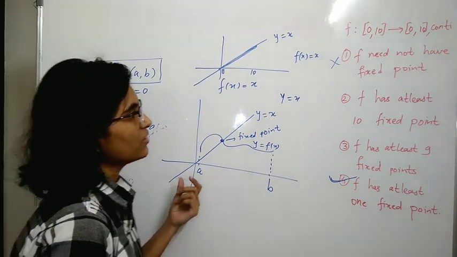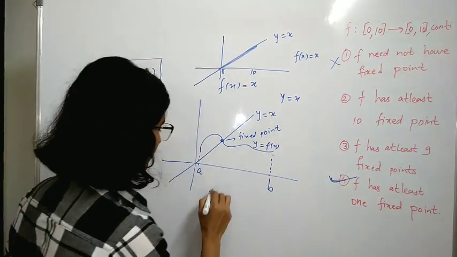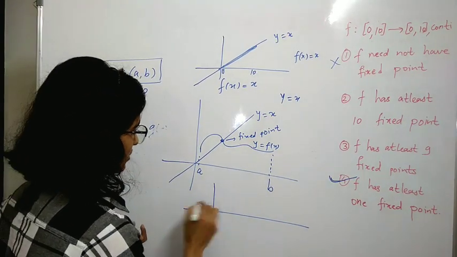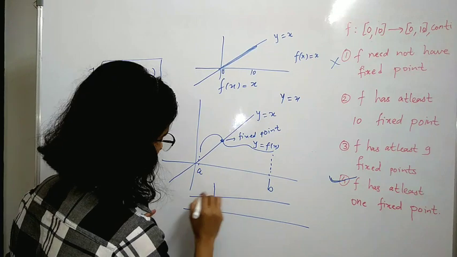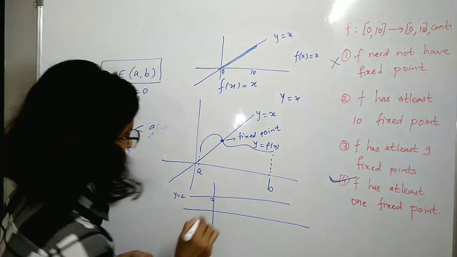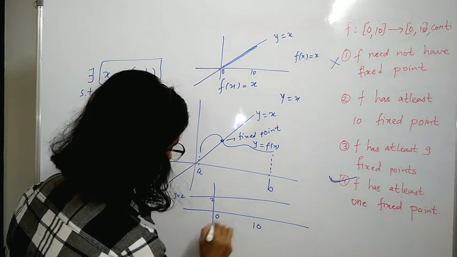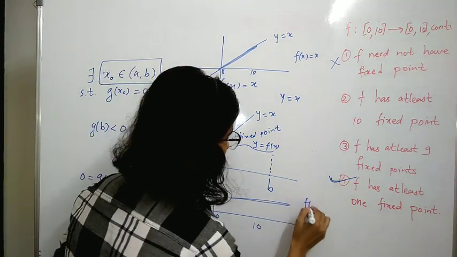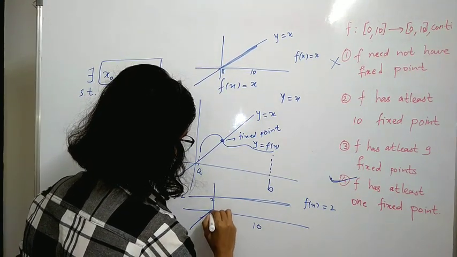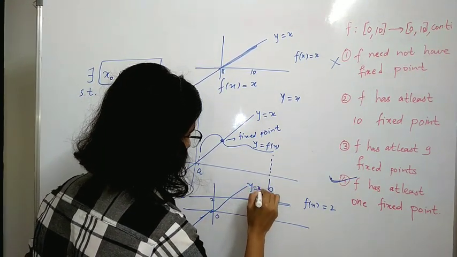Now similarly, if we take some function f to be, say, a constant function, say this is our line, say y is equal to 2. Then take a function f of x is equal to the constant function 2. This is the line y is equal to x.